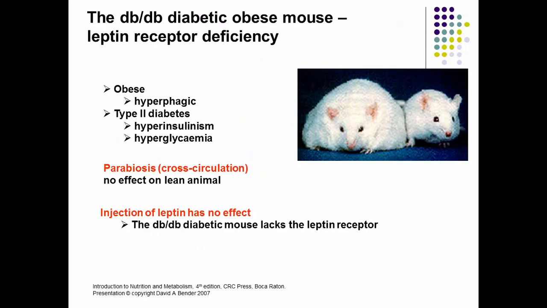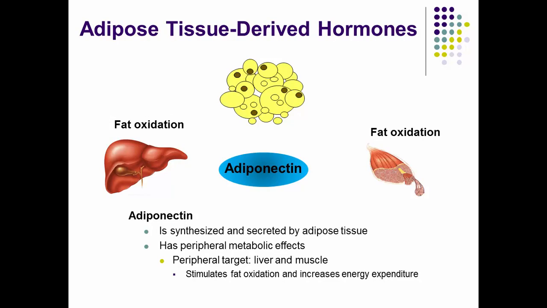Okay, so now let's talk about adiponectin. It is another adipocyte-derived hormone, also secreted from adipose tissue, and adiponectin has two peripheral tissue targets, right?